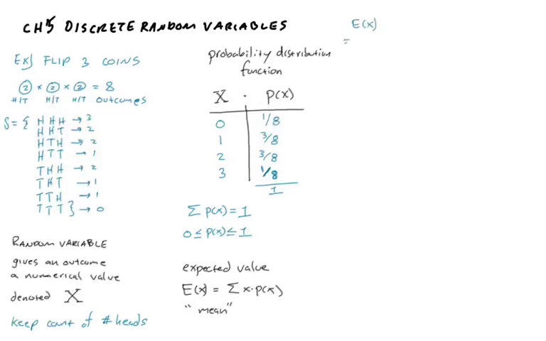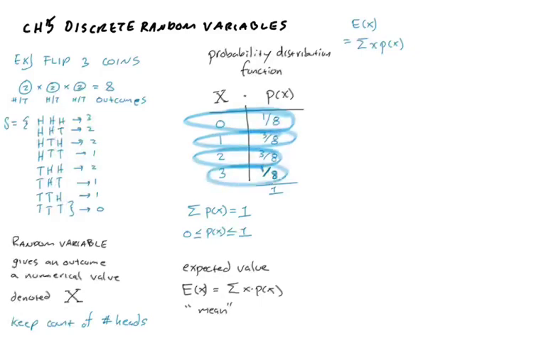If I want the expected value, I'm going to use this notation of X times P of X. Once we have our table set up, all we're really going to do is multiply these 2 values together, then multiply the next two, and the next, and the next.